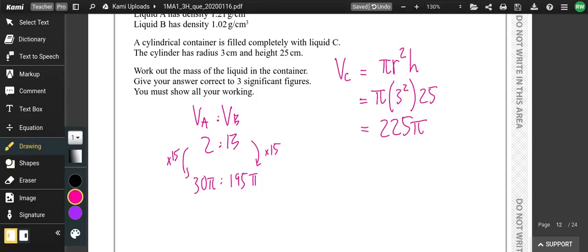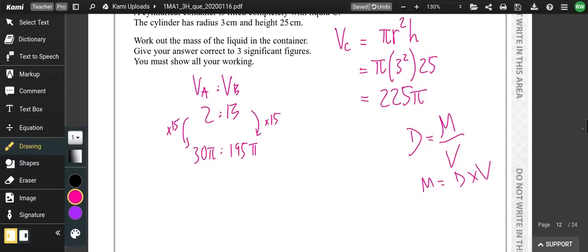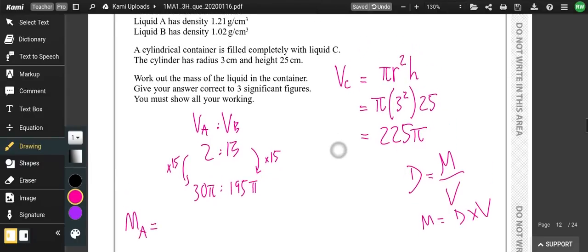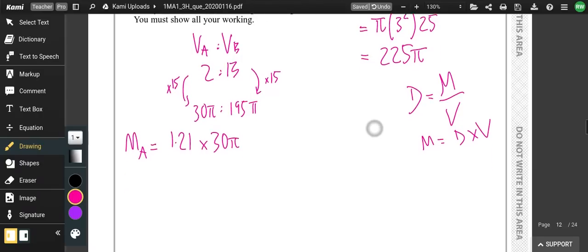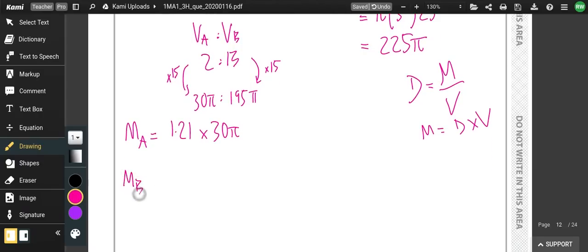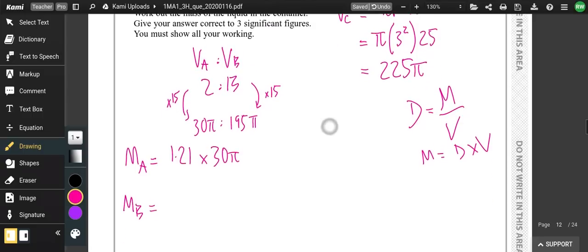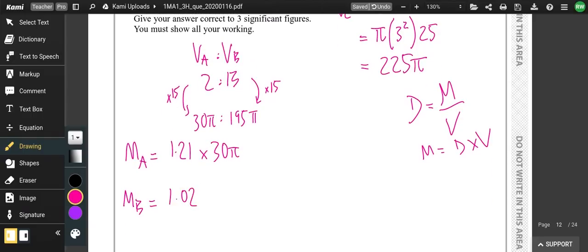So we're going to use the formula density equals mass over volume, and rearrange that to get mass equals density times volume. So the mass of A is the density, which was 1.21 times its volume, 30 pi. And the mass of B is its density, 1.02 times by its volume of 195 pi.